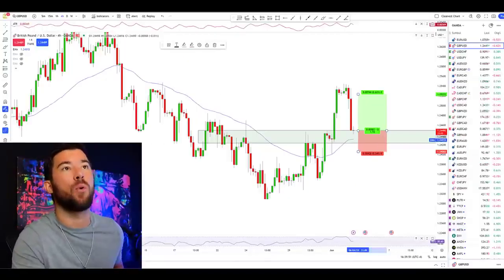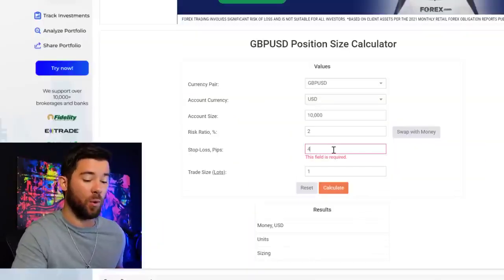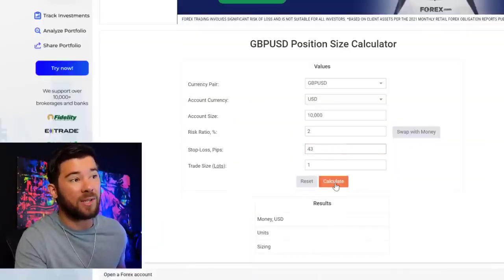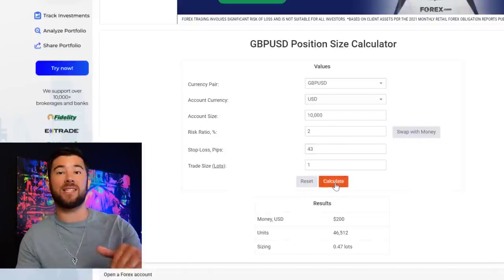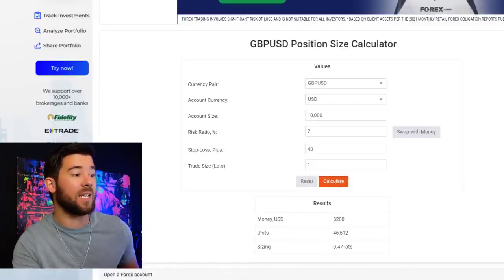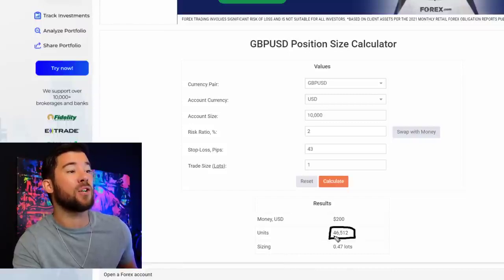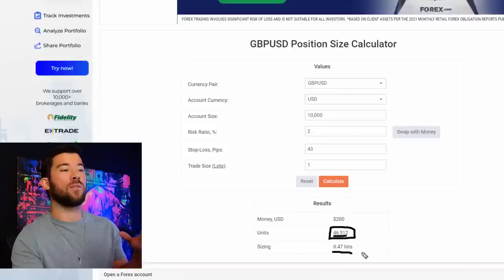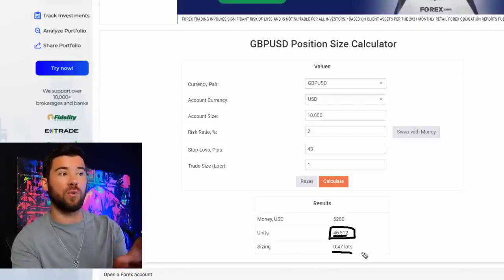We're going to call it 43 pips. So we'll do 43 and then click calculate, and what you'll notice is this does all the work for you. It gives you the exact position size that you need, which is 46,512 units or 0.47 lots, in order for this to be true on your trade.